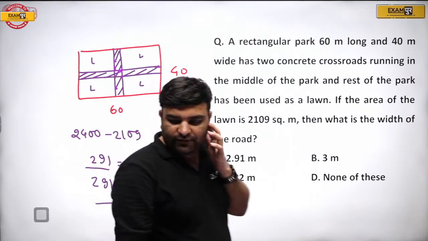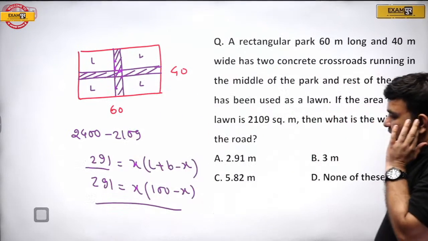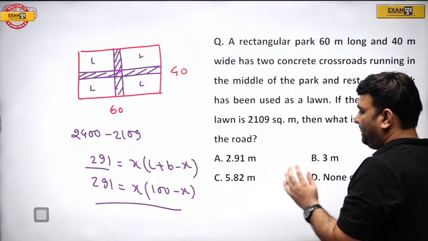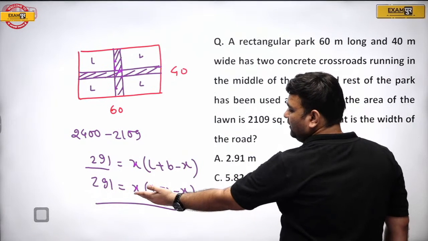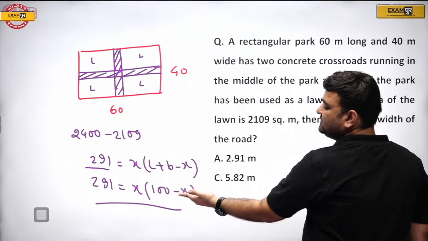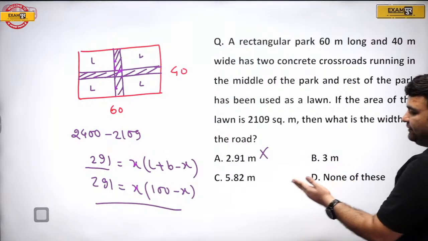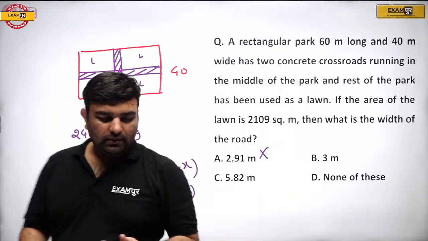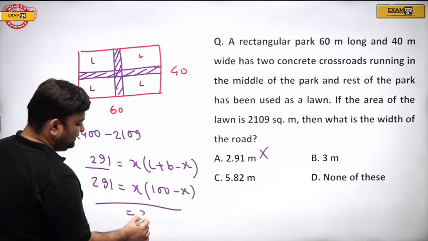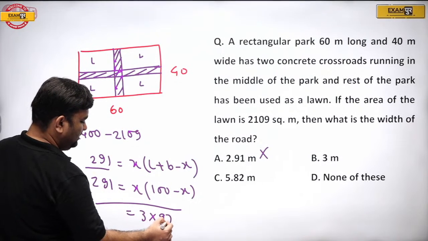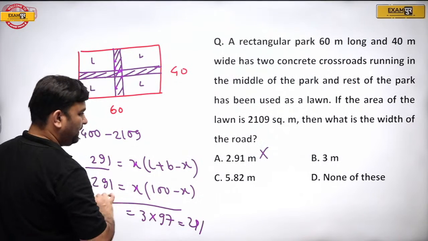Look for the value of x from the options. If you take 2.91, this will become 2.91, but this will not become 100, gone. If you take 3, then this is going to be 3 and this is going to be 97. Yes, it is 291, answer.